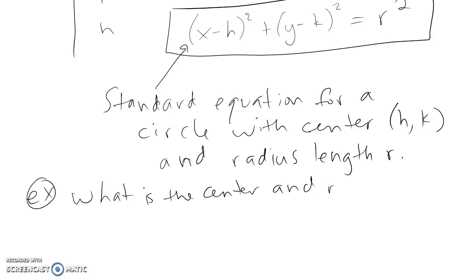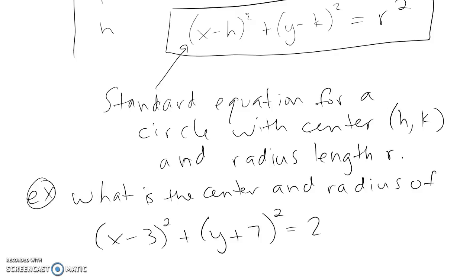what is the center and radius of a circle, (x minus 3) squared plus (y plus 7) squared equals 25. We can see that this 3 is sitting in the same position as the h in the formula, and the 7 is sitting in the same position as the k, although in our formula we have a minus, and in our equation here we have a plus 7.